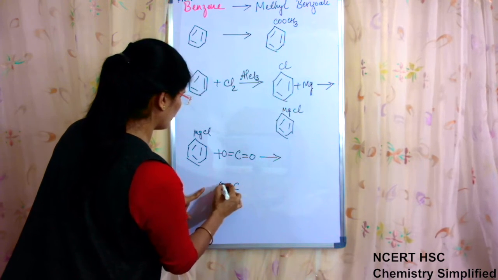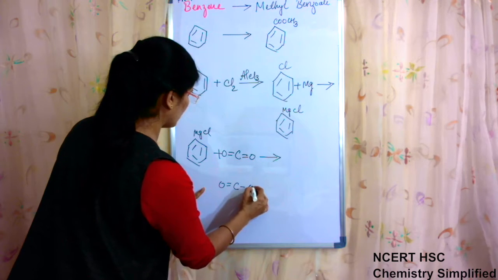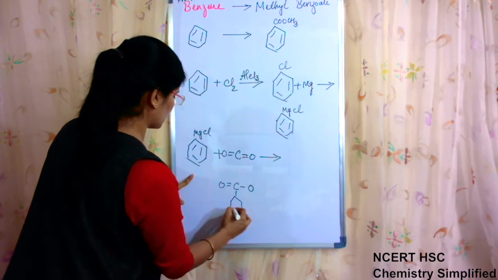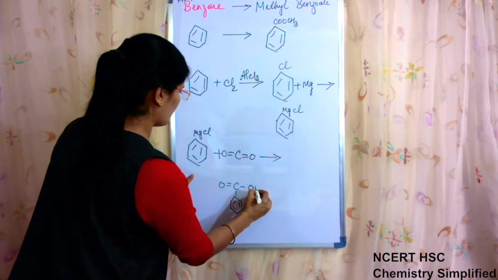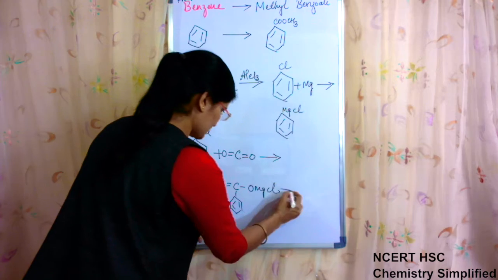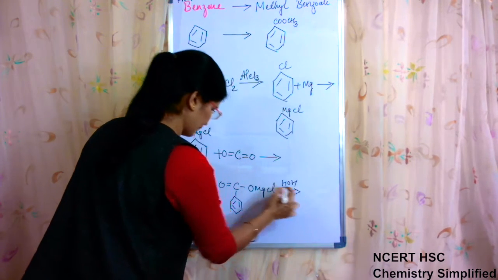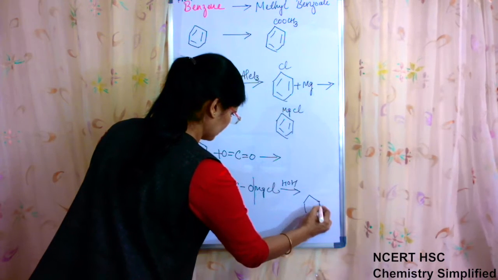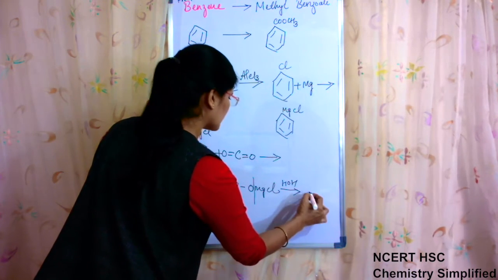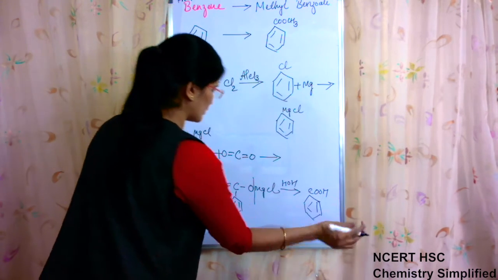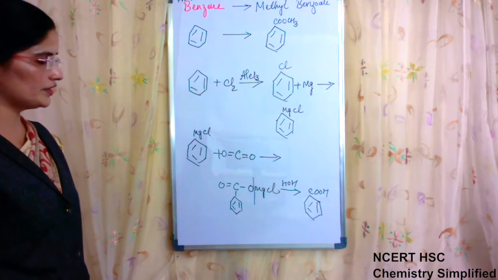C double bond O will remain as it is, with one bond to O. The ring will come to this, and the MgCl part will go to the other side, which in the next step on hydrolysis will form COOH, benzoic acid, and a byproduct will be formed.